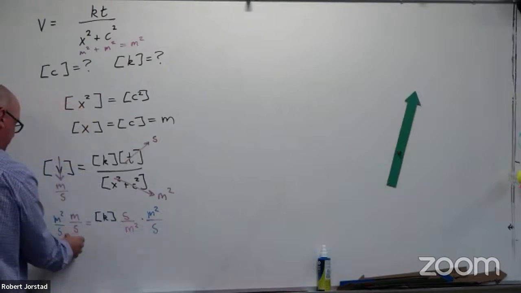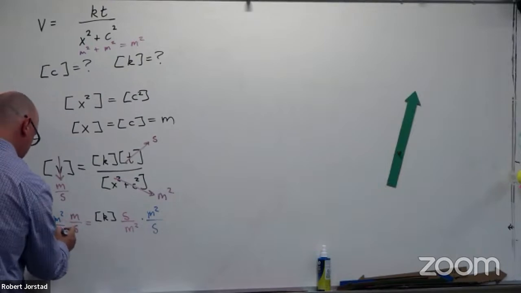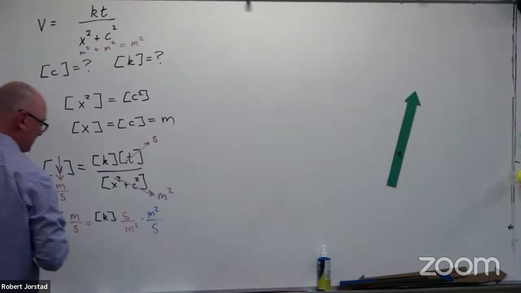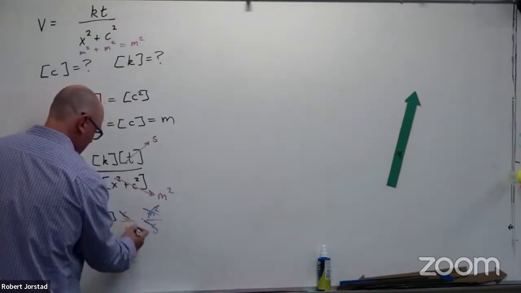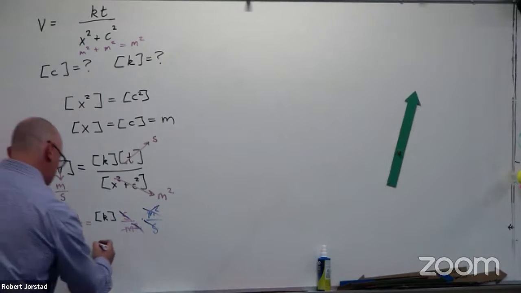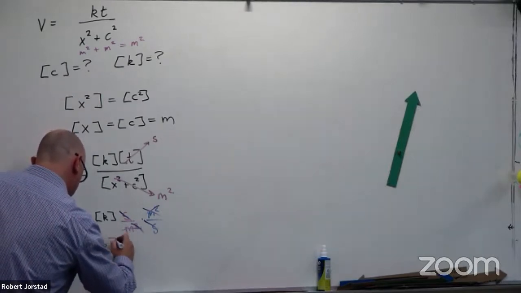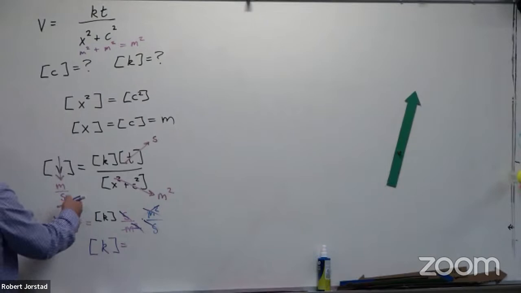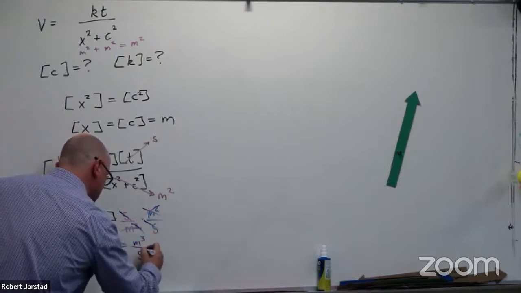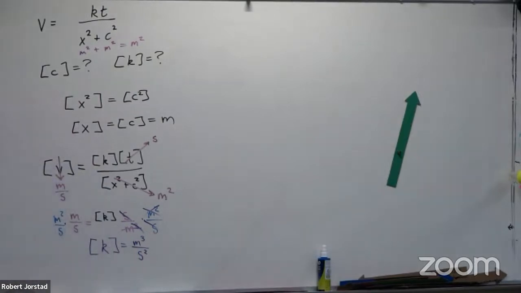Sorry about that. Looks like a 5. Geez, I'm tired. I don't even know how many videos I've made today. Well, in this case, seconds cancel meters squared. So I get what? The units of K equal meters cubed per second squared. I'm going to make sure that shows up on the video. Looks like it does.